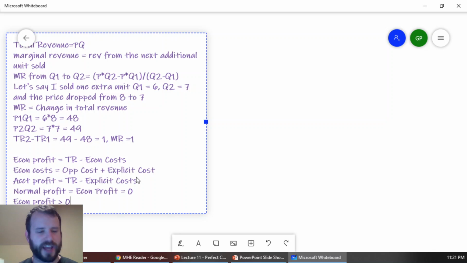If I say you're making economic profit, I'm saying you're making economic profit greater than 0. If I'm saying you're making normal profit, you might be making accounting profit, but you're indifferent between this industry and another industry. Your opportunity cost justifies indifference between baking bread and baking cakes.